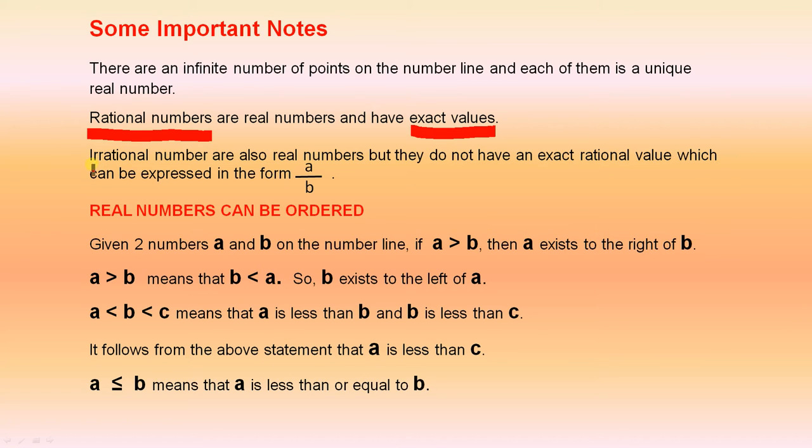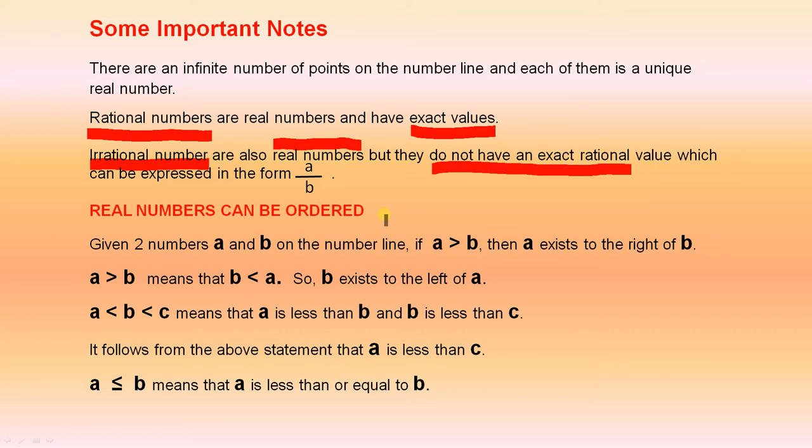So the irrational numbers, they are real numbers. That's important. They are real numbers, but they do not have an exact rational value. So numbers like the square root of 7, the square root of 11, pi, etc. cannot be expressed in the form a over b, so they do not have an exact rational value.